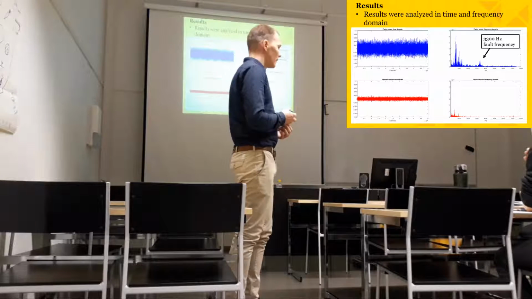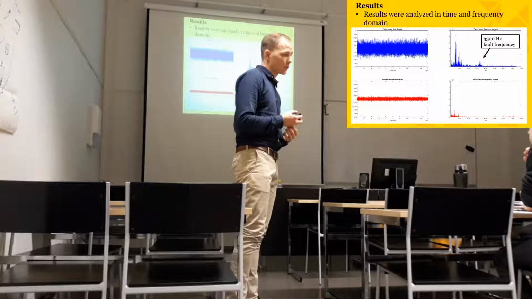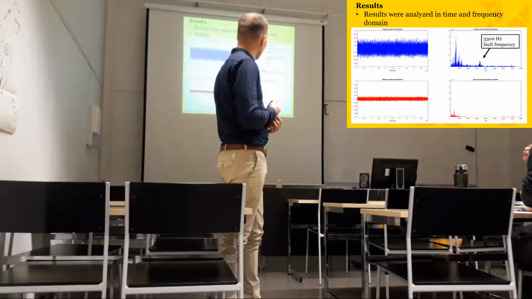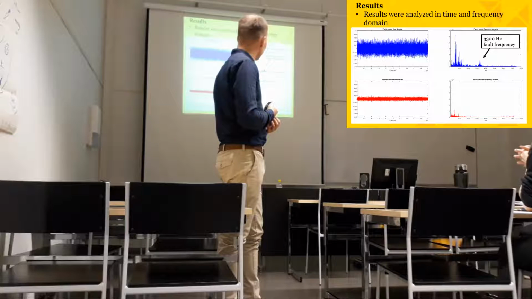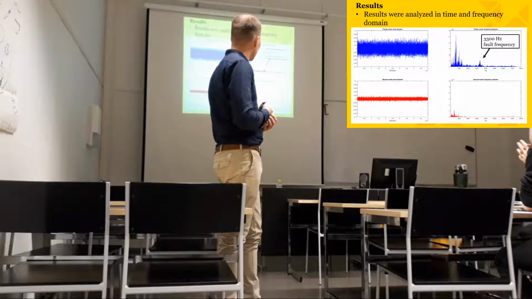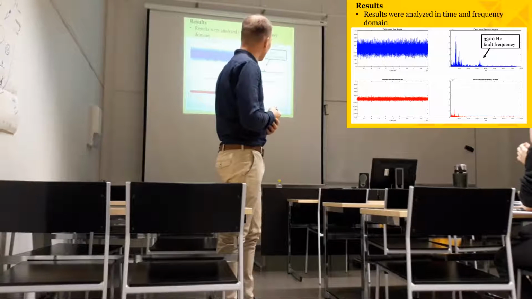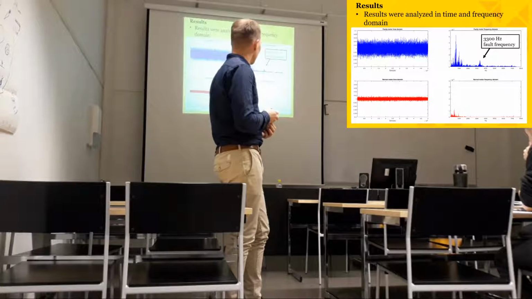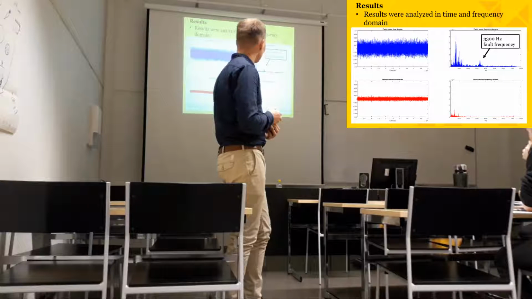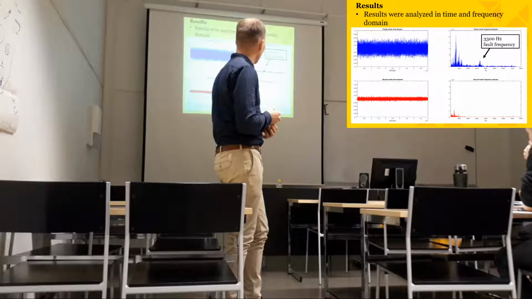I did a fast Fourier transformation for each signal and plotted them. We can clearly see in the top right corner a 3300 Hz fault frequency coming from there.